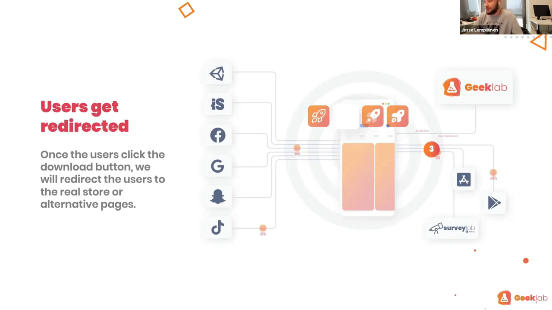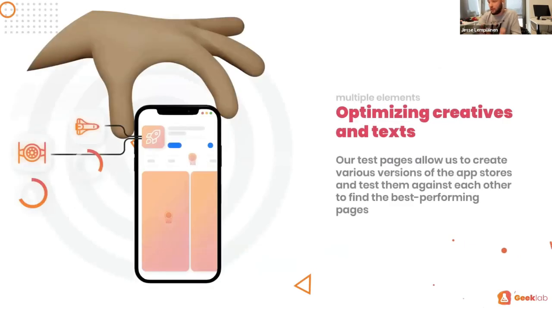If you want to drive them to your landing page, you can do that as well. But that's in short the technology, and we allow you to optimize and edit all the elements on the store pages, so you can do A/B tests for any of the elements.